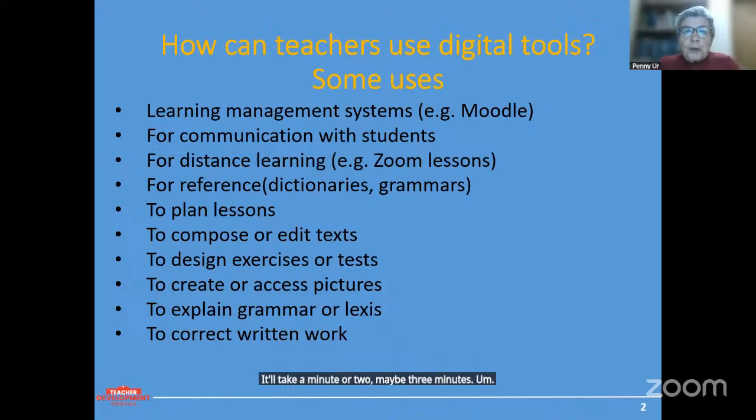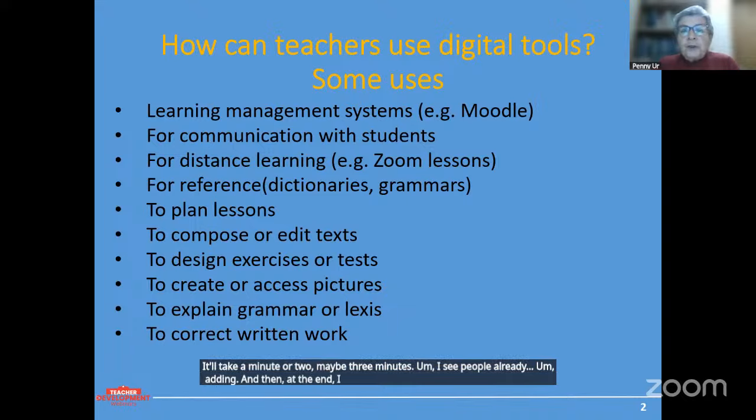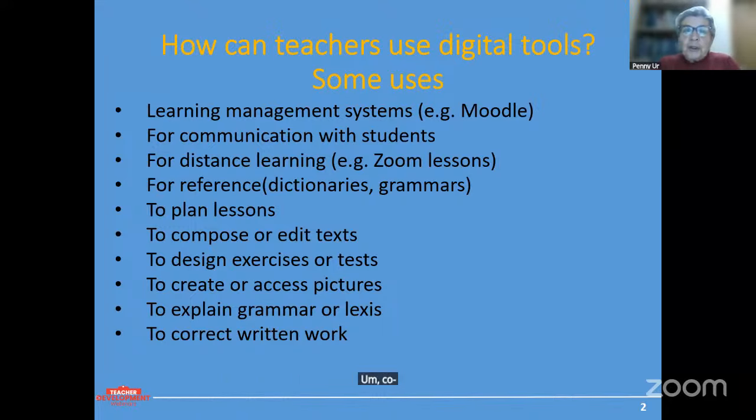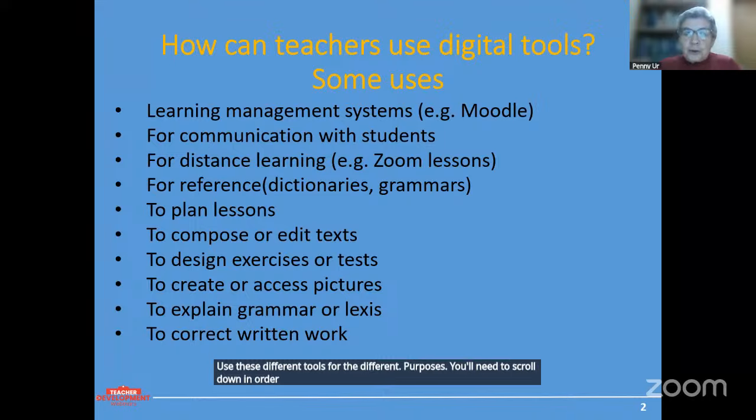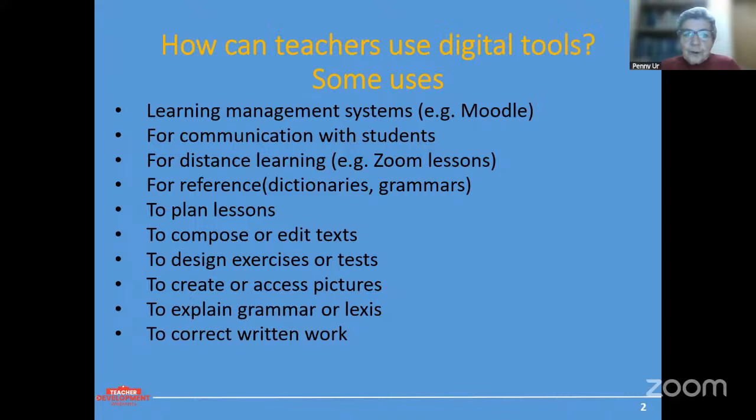I see people already adding, and then at the end I'll stop it and we'll allow you to see what all your co-participants have written and how much we as a group use these different tools for the different purposes. You'll need to scroll down in order to answer the different questions. Thank you very much for participating. That looks really interesting.